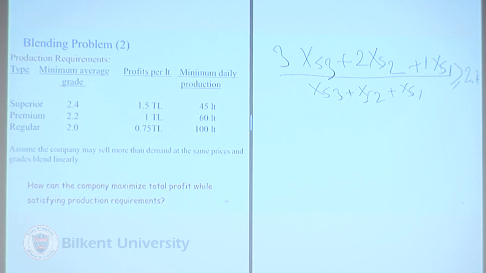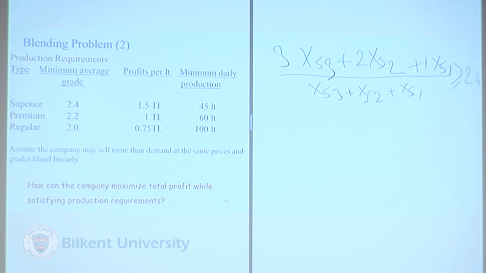2.4. Okay? This is the average. Yeah? For each kilo of the superior orange I put in there, I'm getting 3. For good orange.